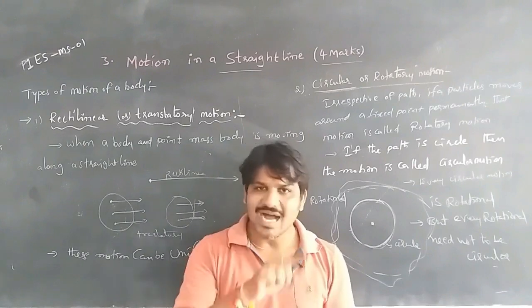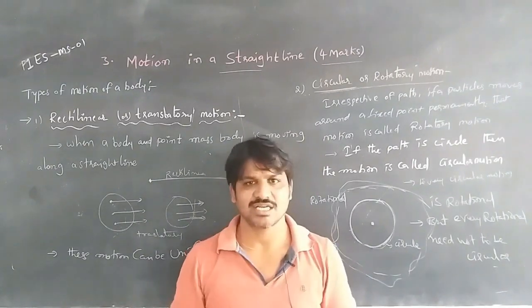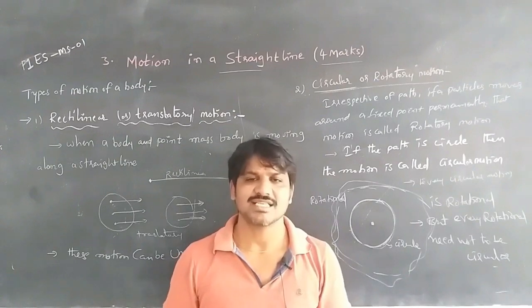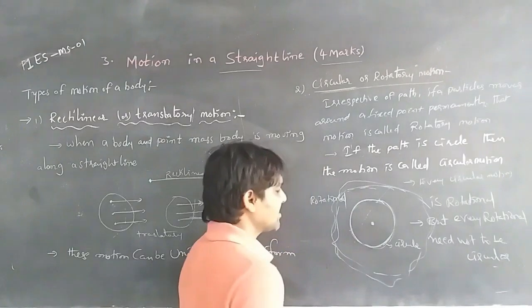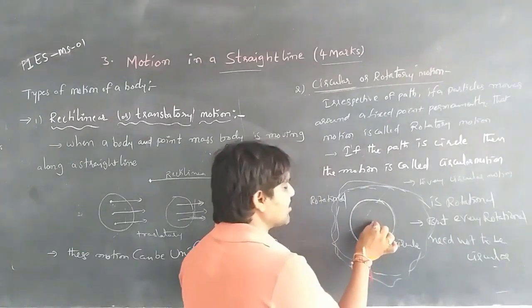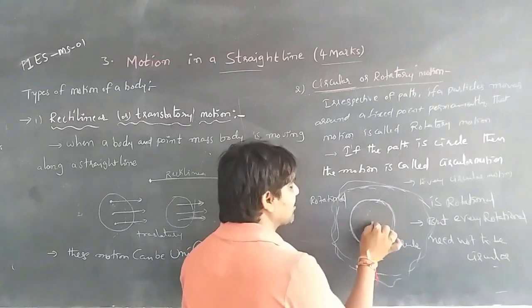If the path is circular, then only we can say that it is a circular motion. Once again, when a body is rotating about a fixed point, this fixed point is called the axis of rotation.